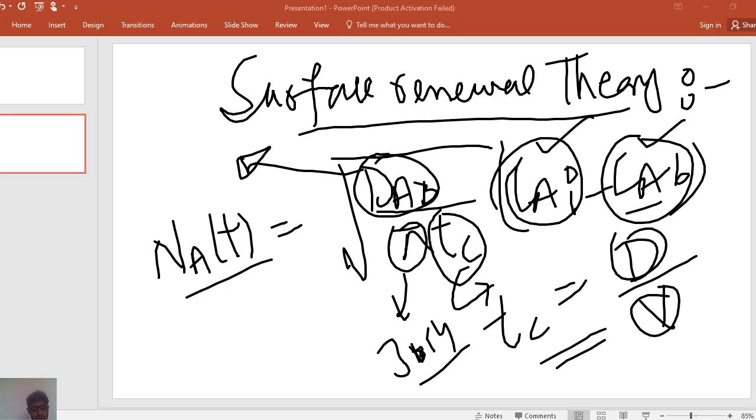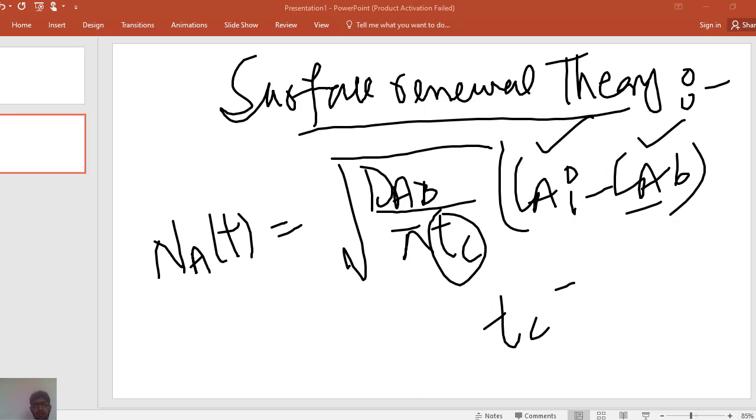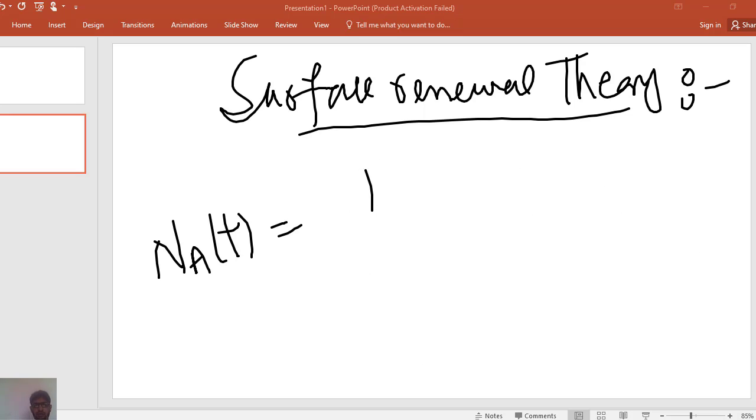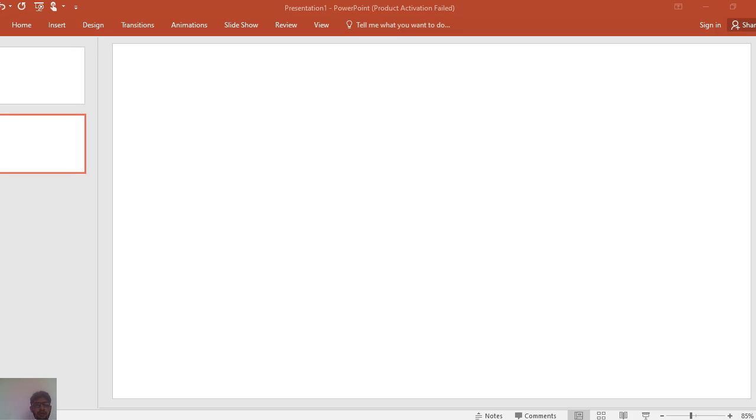So the flux of component A from the surface renewal theory was NA. So this theory is the surface renewal theory. In the penetration theory, the main drawback was this: suppose this was a bubble, it was rising, and this was liquid.